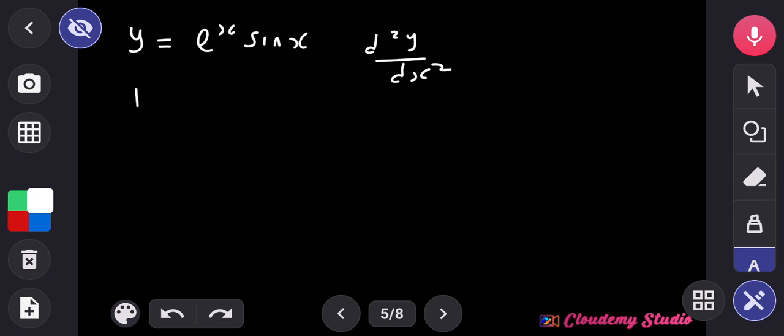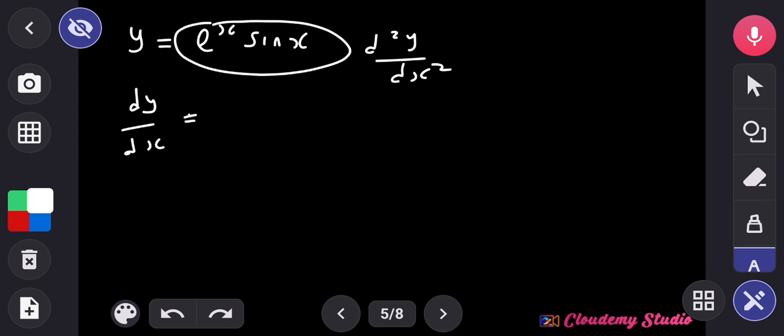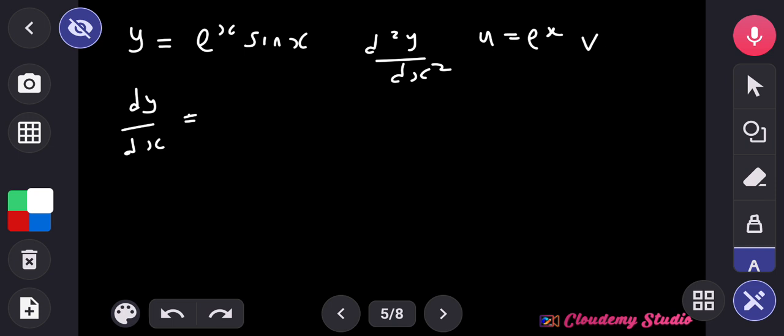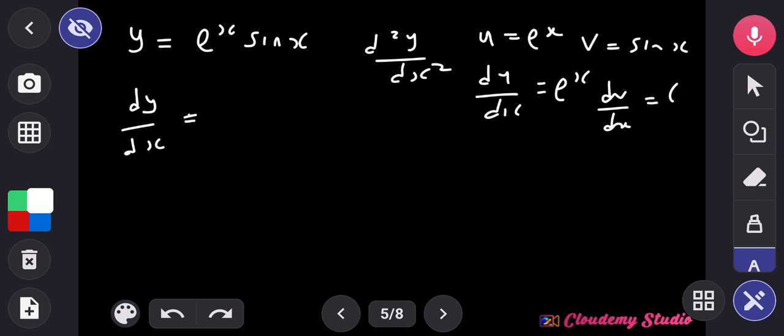In the dy/dx of this case, we see that the relationship between these two things is multiplication. So we are going to use the product rule, where our u is e^x and our v is sin x. Our du/dx equals e^x, and our dv/dx equals cos x, right?